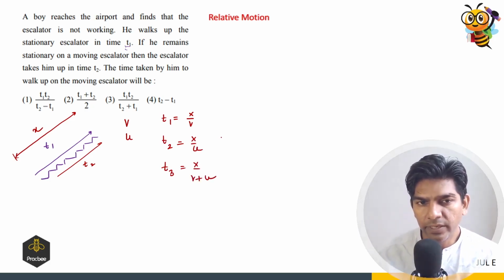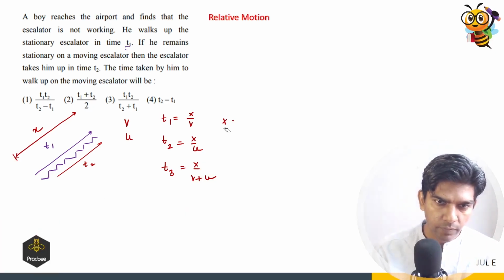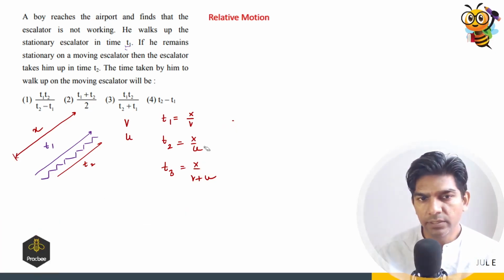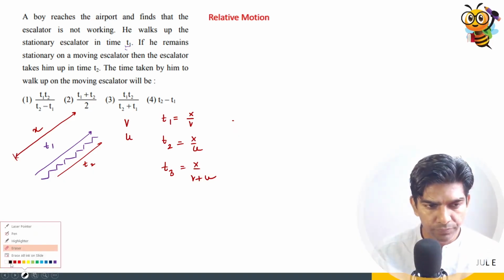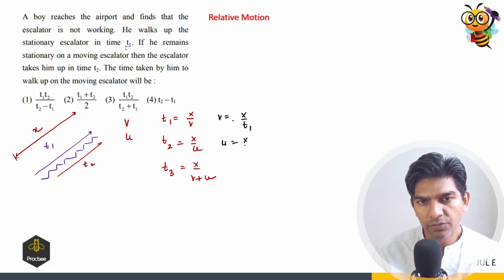Let us eliminate x. x, u and v, nothing is given. So what we're going to do, let us find v, right? So v is x by t1 and u is x by t2, and from here we can find v plus u.